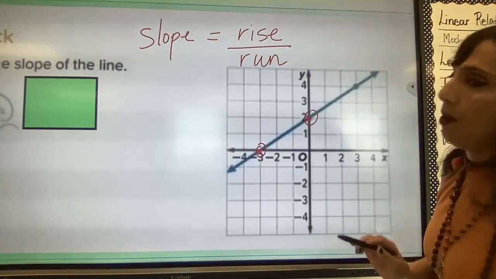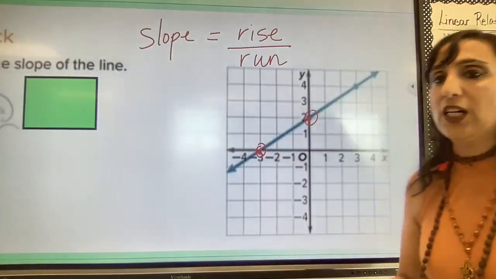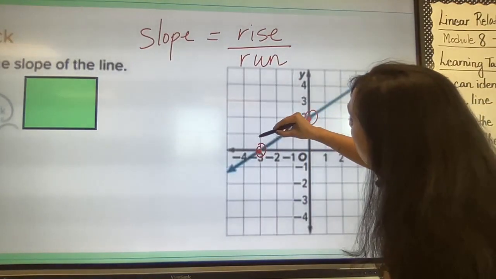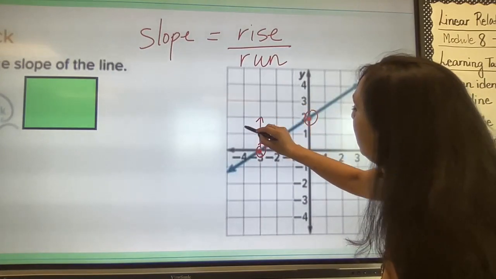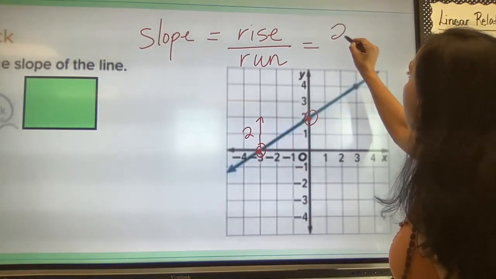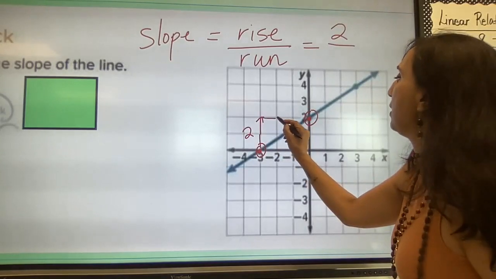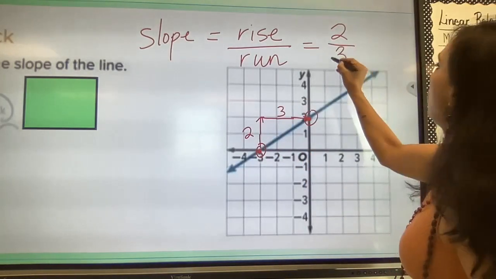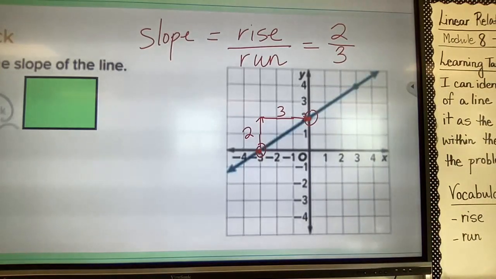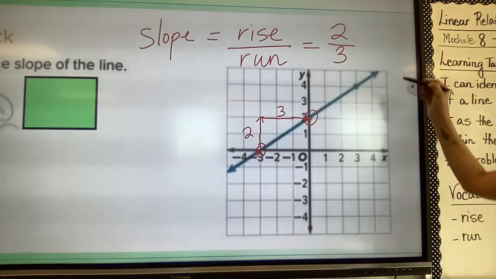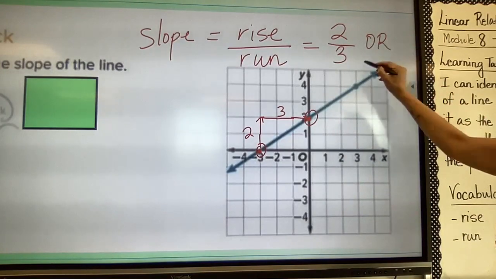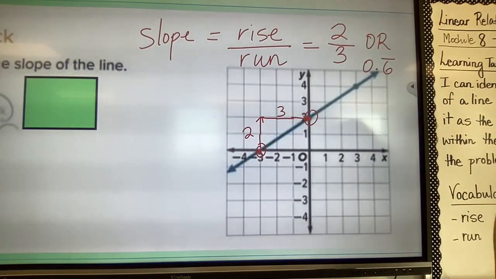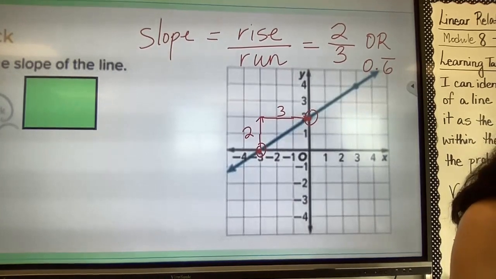Rise means the vertical change that we are seeing. And so here 1 and 2. So that is my rise, and my run is the horizontal: 1, 2, and this is 3. So it is 2 over 3, or 0.666 repeating, because 2/3 is nothing but 0.666 repeating.